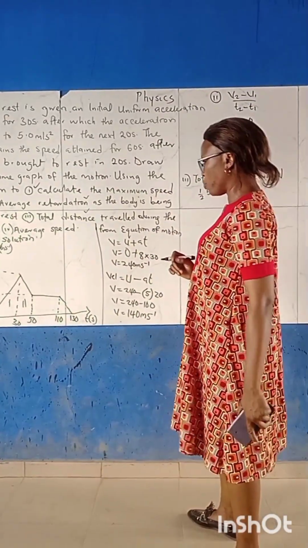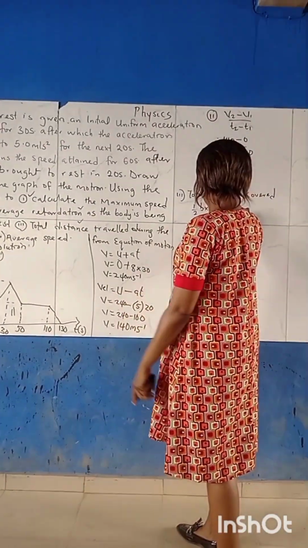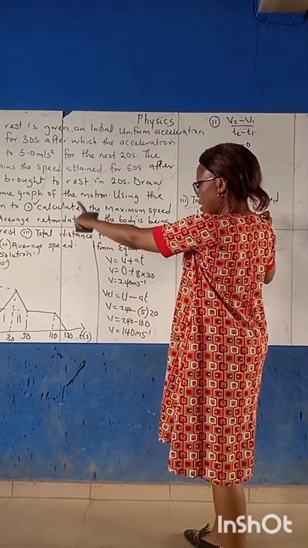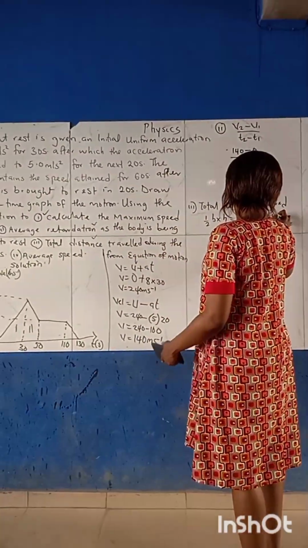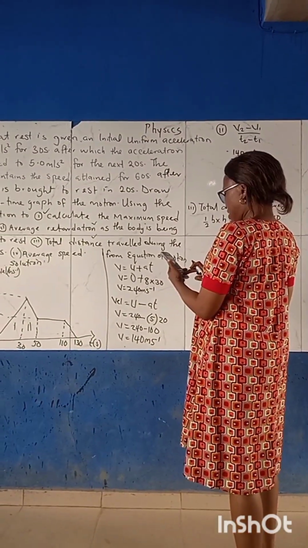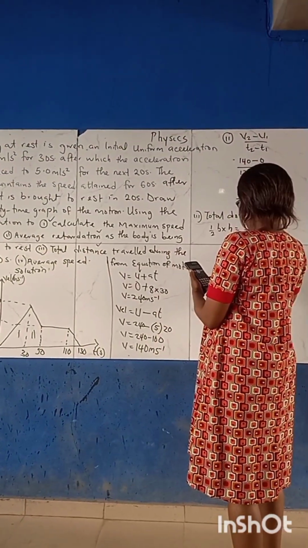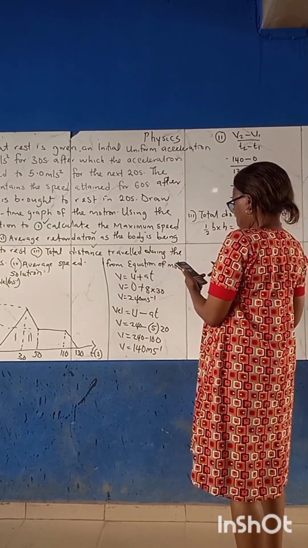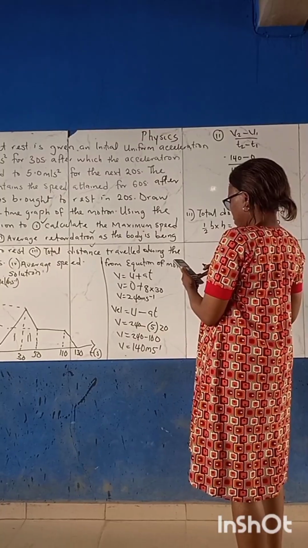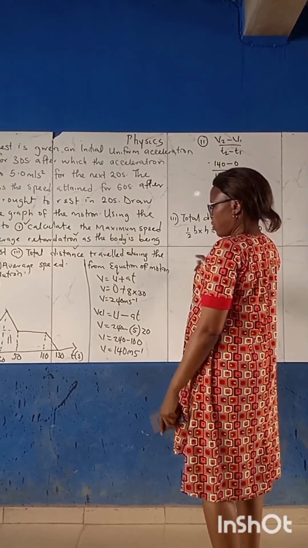That equals half, the base is 30 and the height is 240. 240 multiplied by 30 will give me 7,200 divided by 2, that's 3,600 for the first shape.